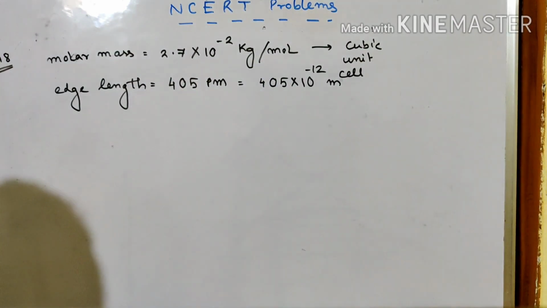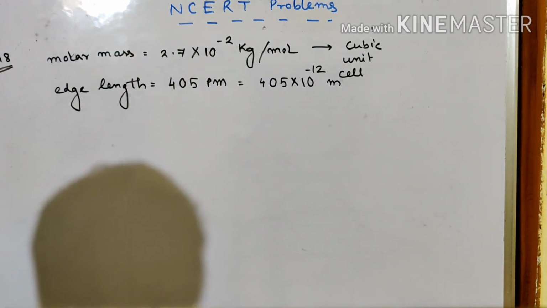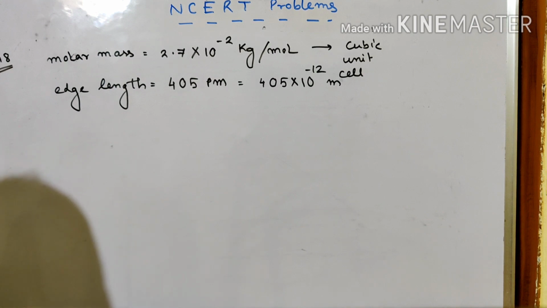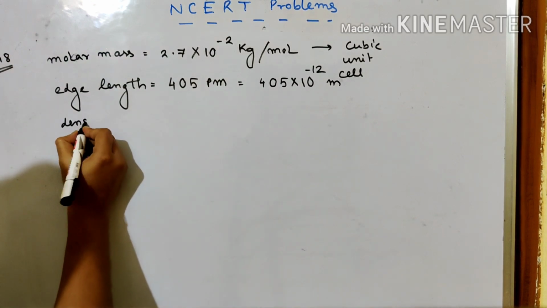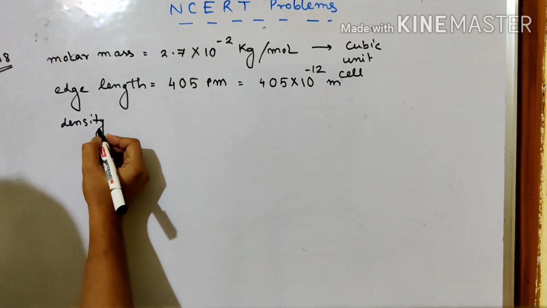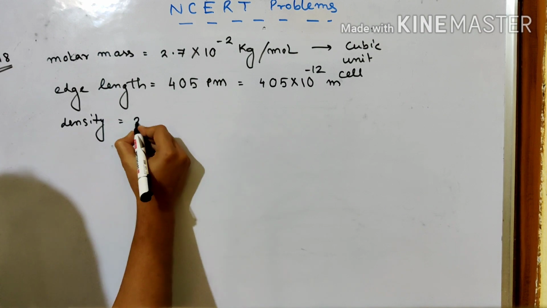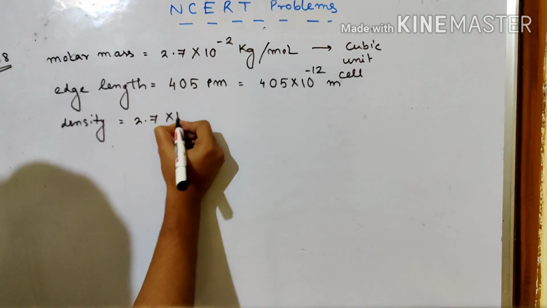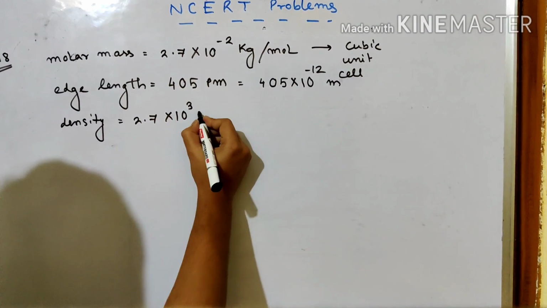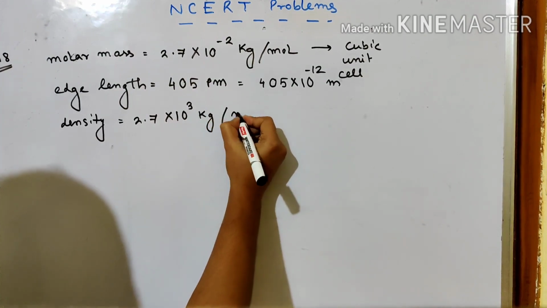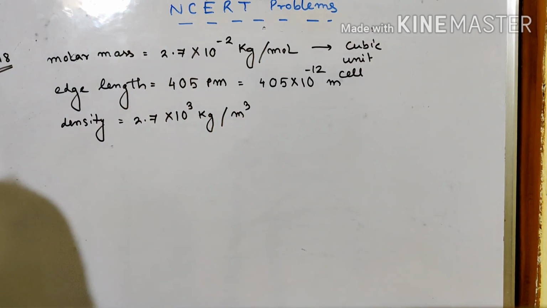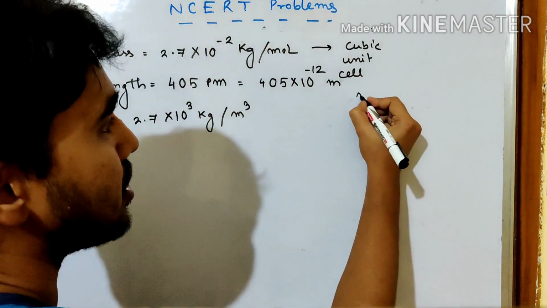So we have converted picometer not into centimeter but into meter directly. Next, the density is given as 2.7 into 10 to the power 3 kg per meter cube. Question is, what is the nature?